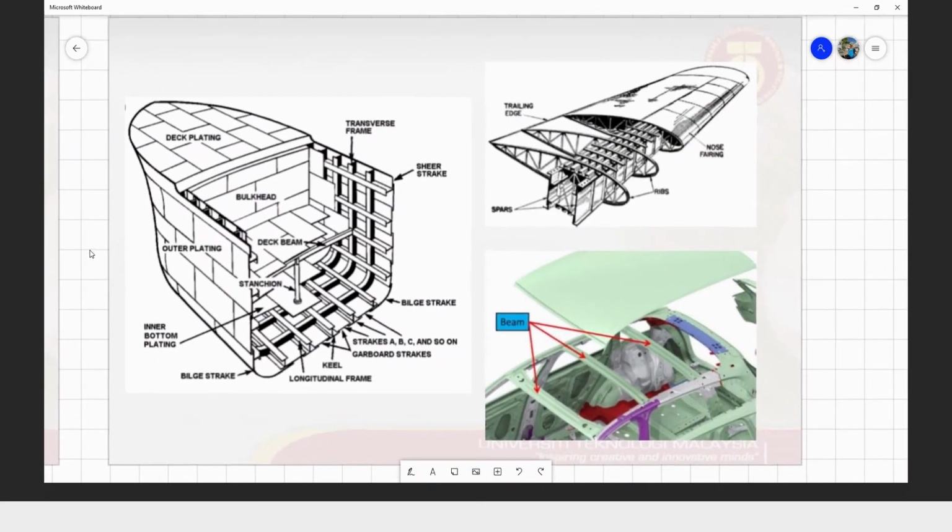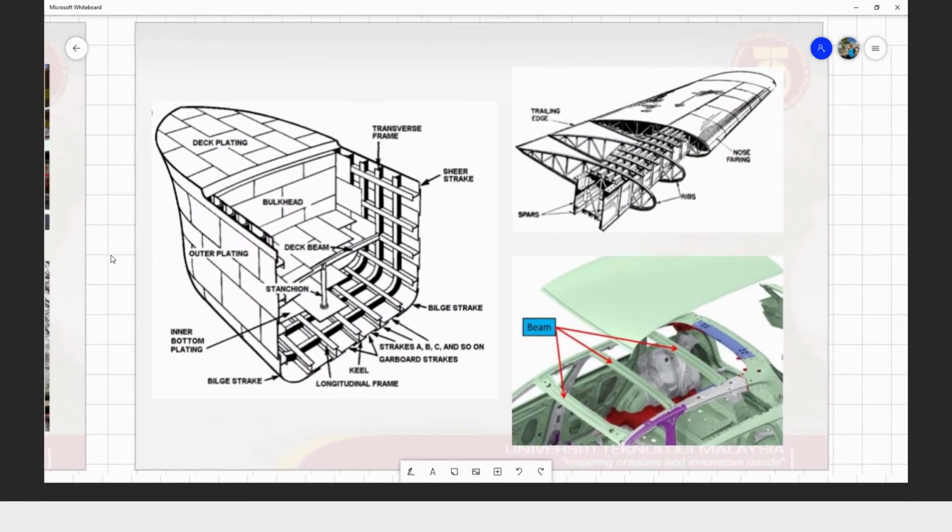And then not only that, okay, in transportation vehicles, for example, this slide I added myself. Before this there was none, I think in the last 2-3 years I included this just to show the students that the beam is not only for the building, but it's everywhere actually.